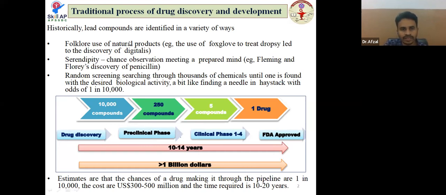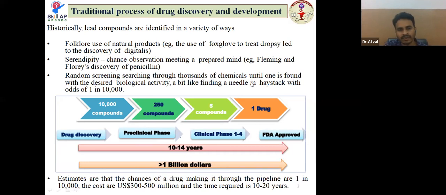Not only that, there is also serendipity. Many drugs have been developed by serendipity. A well-known example is Alexander Fleming, who observed that fungal strains released certain antibiotics which could kill microbes. Later, with a rise in understanding, scientists used different plant materials or natural products and screened a large variety of compounds.